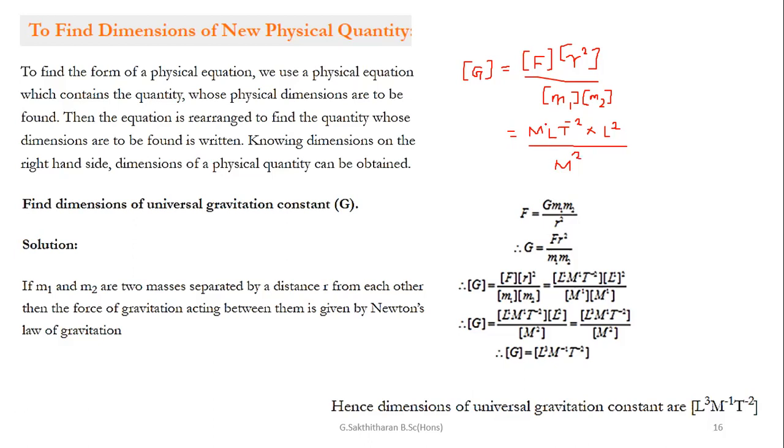M squared going to the bottom becomes M to the power minus 2, and here M to the power 1, so M^-1 L^3 T^-2. So we find the dimensions of the gravitation constant G is M^-1 L^3 T^-2. So you write like this.